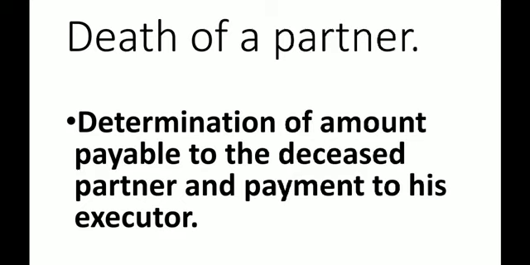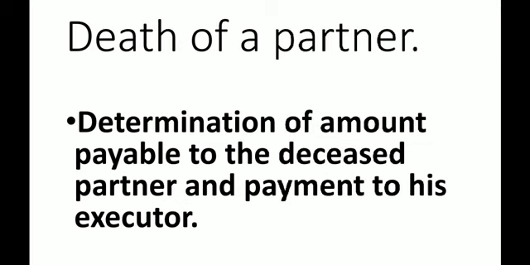So in today's lecture we are going to learn all about how to deal with the amount payable to the partner who died. We already know how to pay the amount to the retiring partner. We have learned this in the previous lectures.